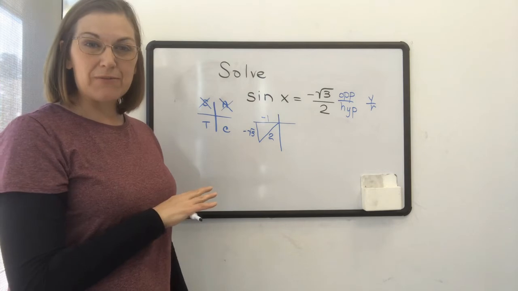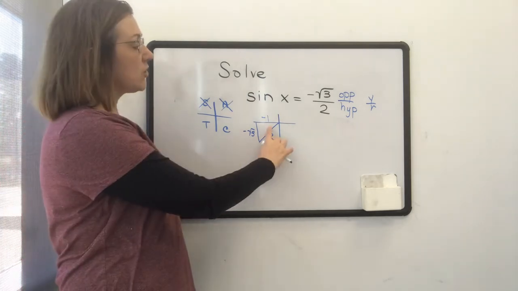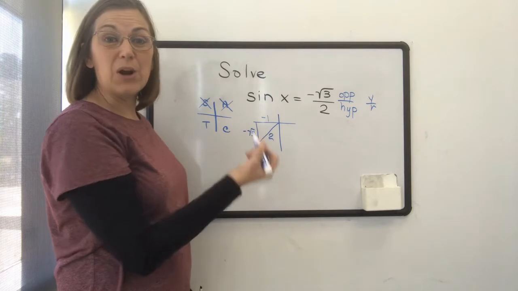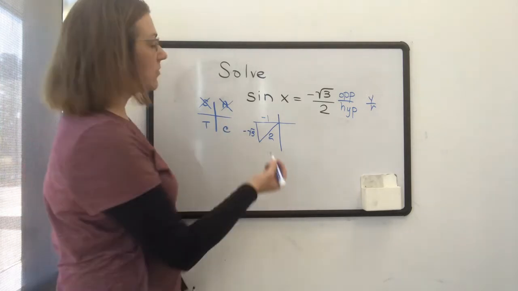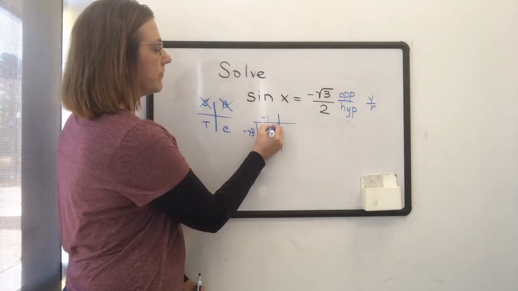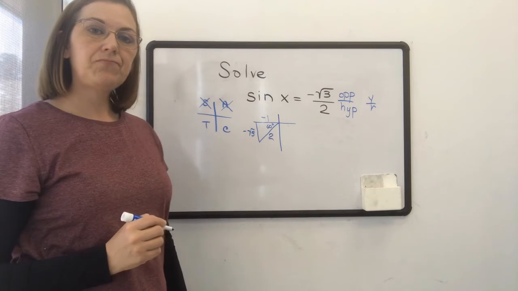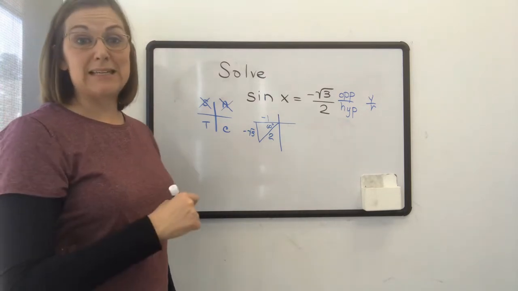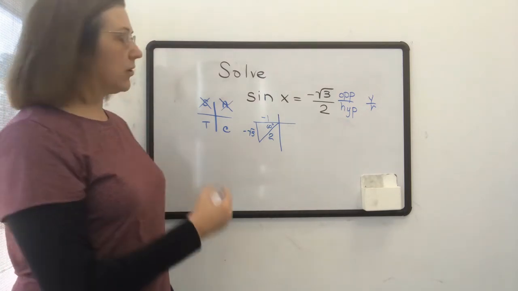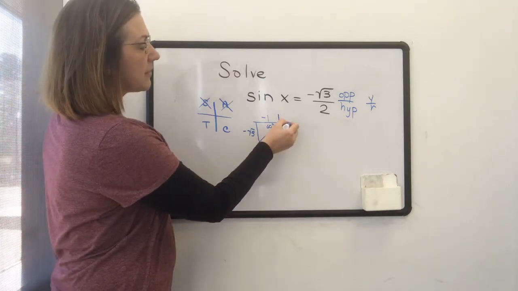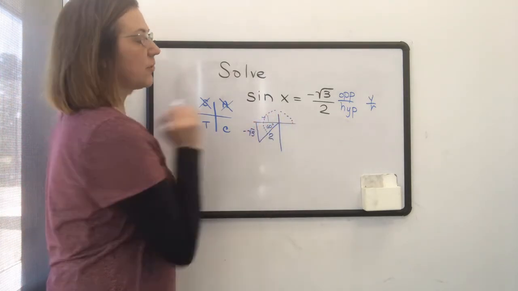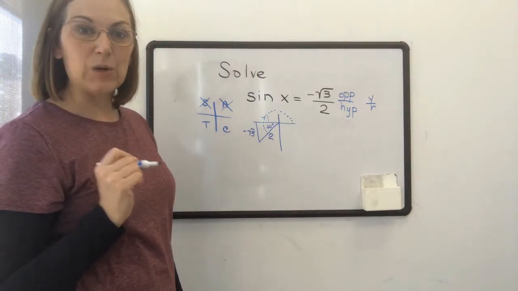So now that we have our reference triangle, we need to ask ourselves, what's the reference angle? Well, across from the square root of 3 in our 30, 60, 90 triangle is the 60-degree angle. So our reference angle now is 60. What is our full angle? Well, that would be the angle that comes all the way from 0 to this reference angle.